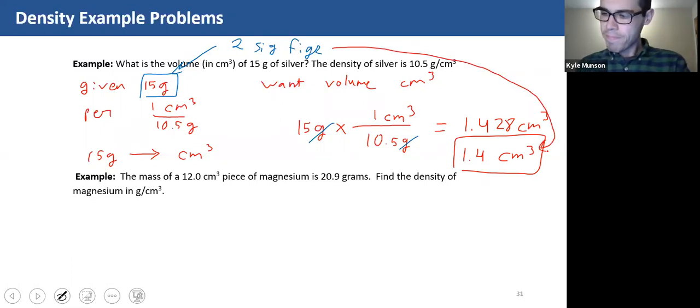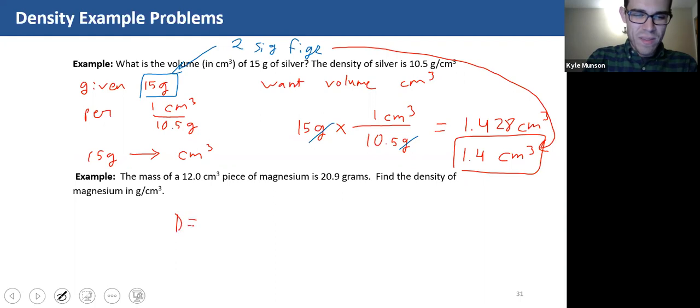All right, let's continue on here. The mass of a 12.0 centimeter cube piece of magnesium is 20.9 grams. Find the density of magnesium in grams per centimeter cubed. Well, there's a few different ways you can do this, but the easiest way probably is not to use dimensional analysis.